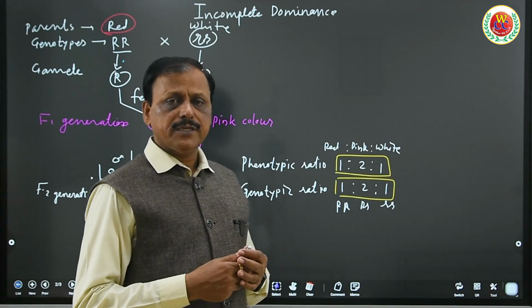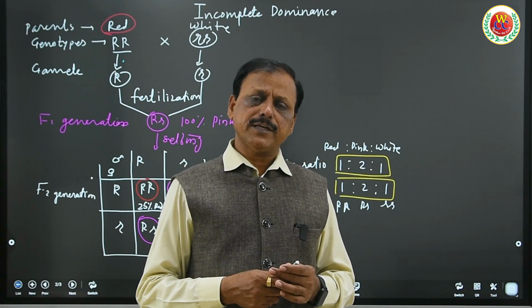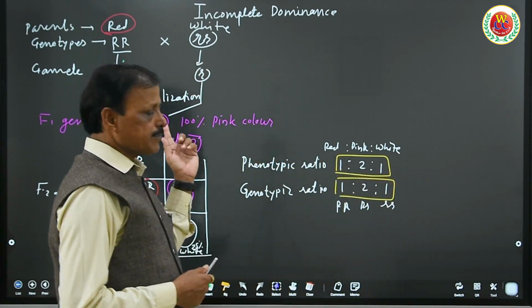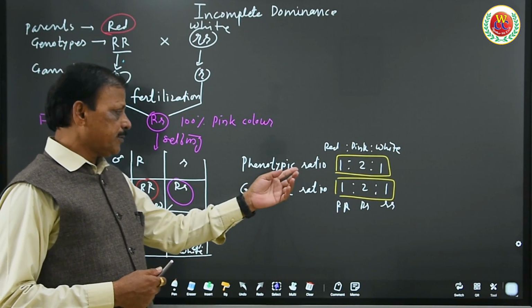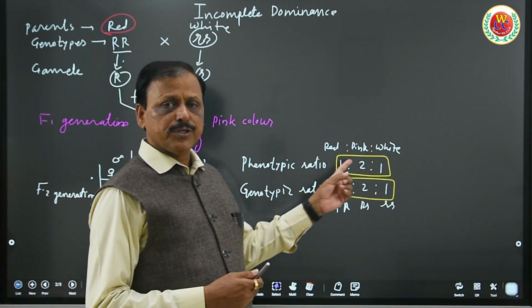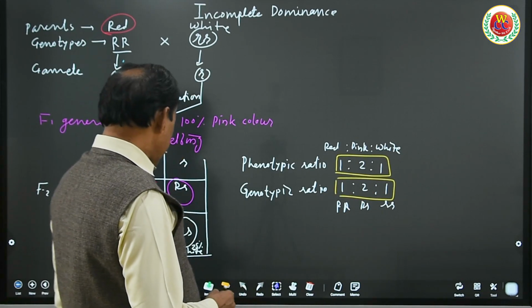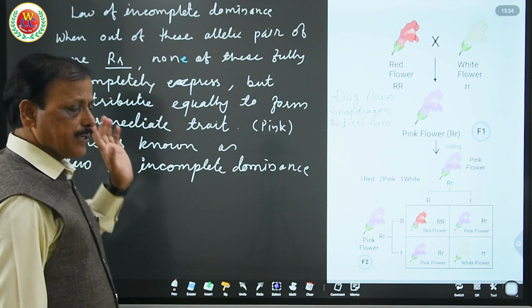When the same trait, red color flower in the pea plant, is crossed with a white color flower plant, a red color flower plant is obtained in the F1 generation, but here, as an exception, a pink color flower was obtained in F1, and therefore the phenotypic and genotypic ratios remain the same, 1:2:1, and the law is as already explained over here.